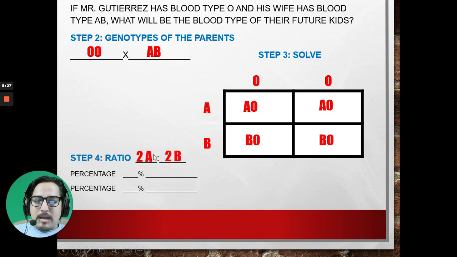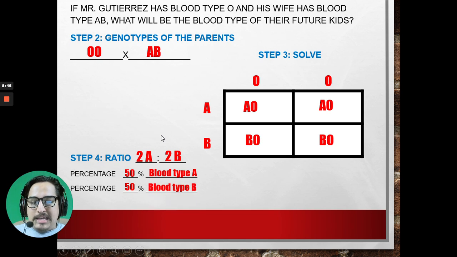What I mean is 2 blood type A and 2 blood type B. Now, what about the percentage? How many are going to be type A? The answer is 50, half of them. 50% blood type A and 50% blood type B. Easy. Pause this, copy this down. Let's move on to the next one.